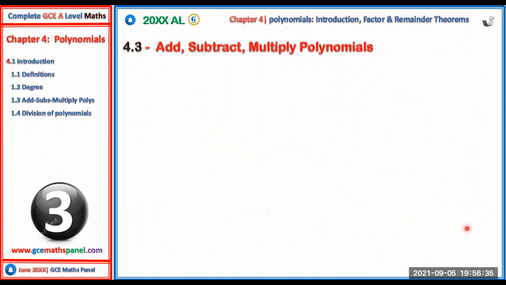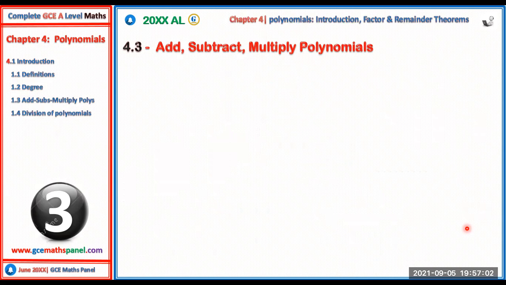We next look at adding, subtracting, multiplying, and dividing polynomials. Normally, poly divided by poly is equal to poly. Poly times poly is equal to poly. Poly plus poly is equal to poly, and poly minus poly is equal to poly. But we want to focus on these first three, to add, subtract, and multiply polynomials.